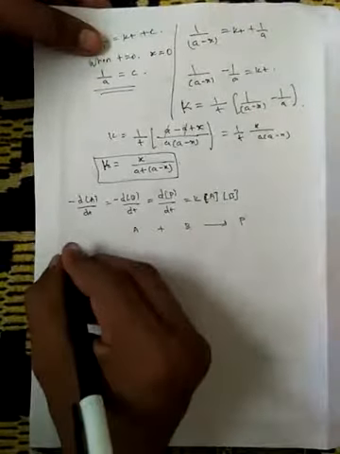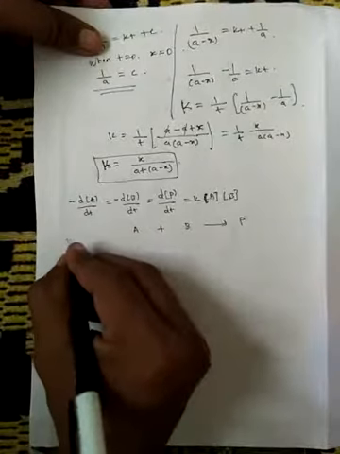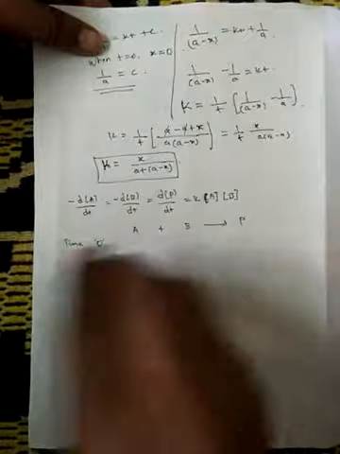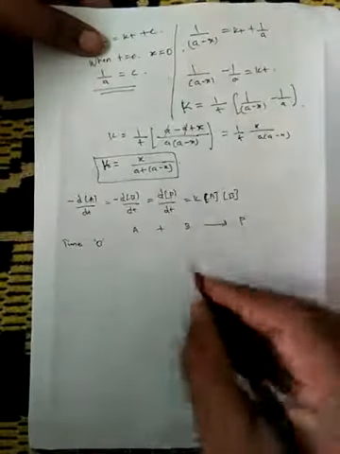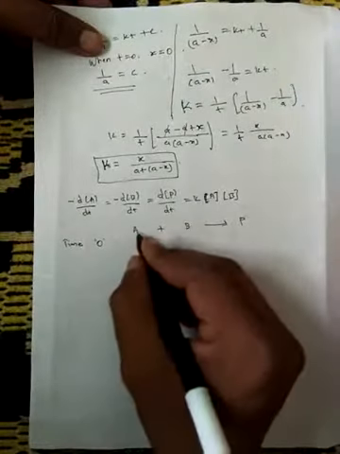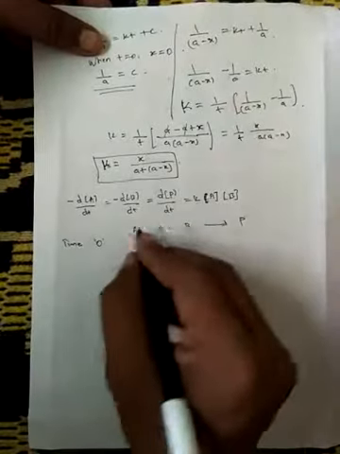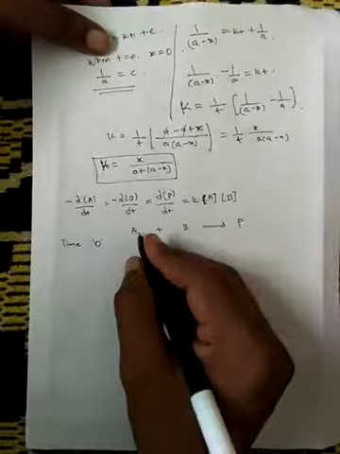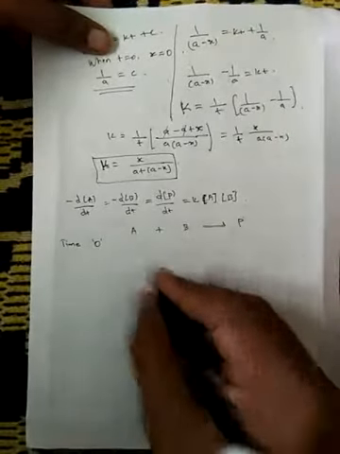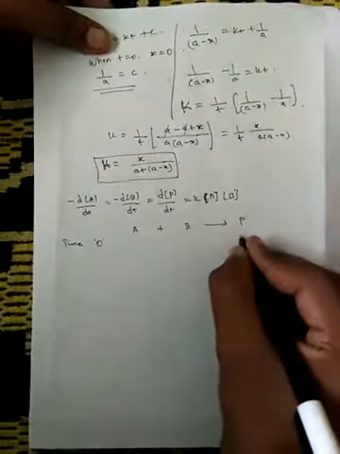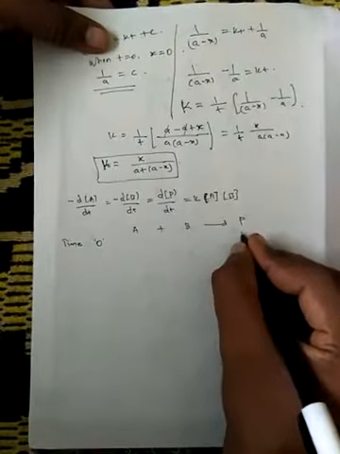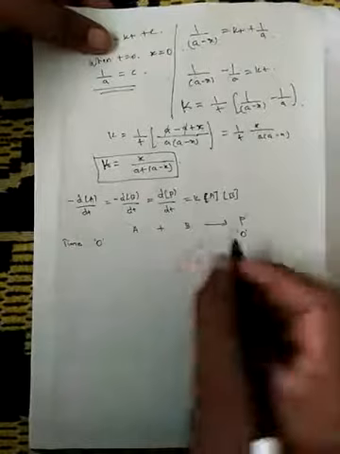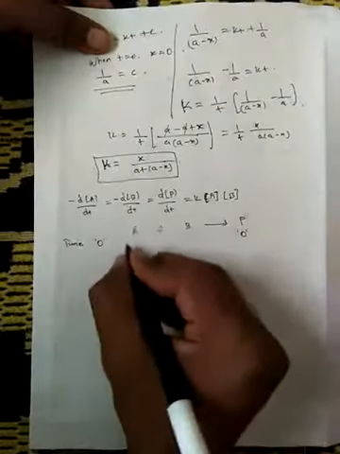At time t equal to 0, at time 0, the reaction is not started. You have just taken A and B, you have mixed it, that's all, but the reaction is not started. The initial concentration of product would not have been formed, therefore it is 0. The product concentration is 0 at 0 time.